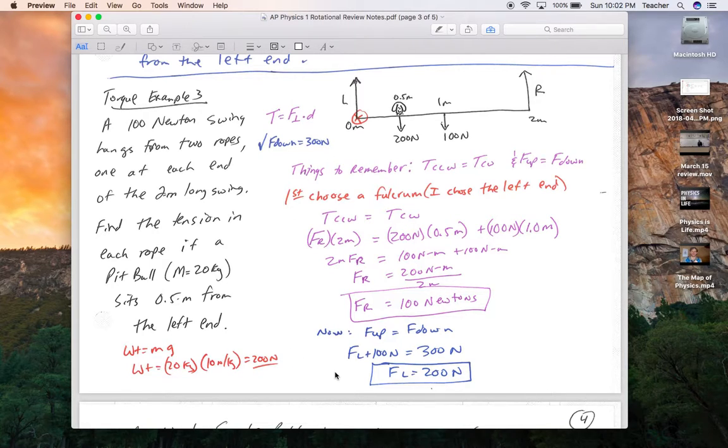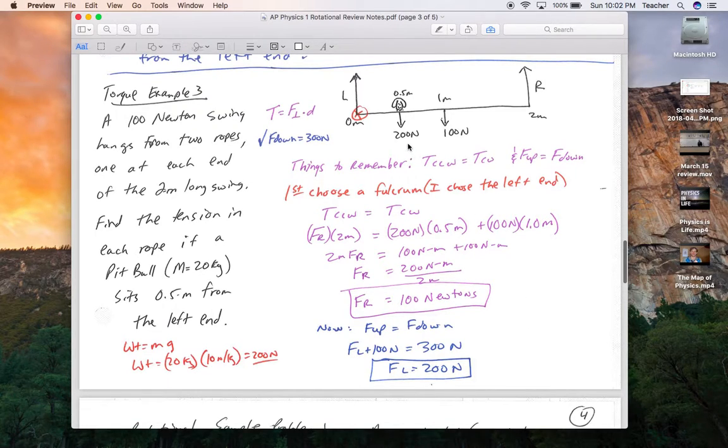So that allows me to figure out that the force up on the left rope is 200 newtons. That should make sense because the dog is closer to the left side than the right side, so the left rope would have to be pulling up harder to maintain equilibrium than the right rope would.